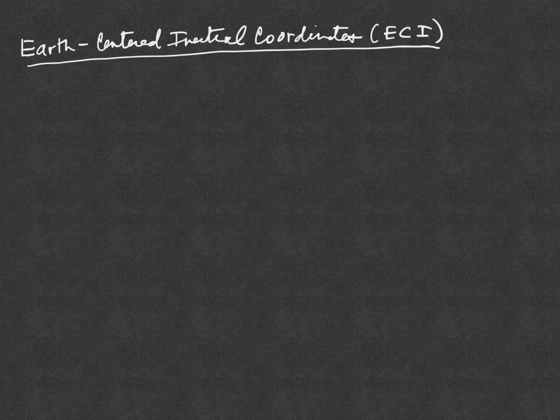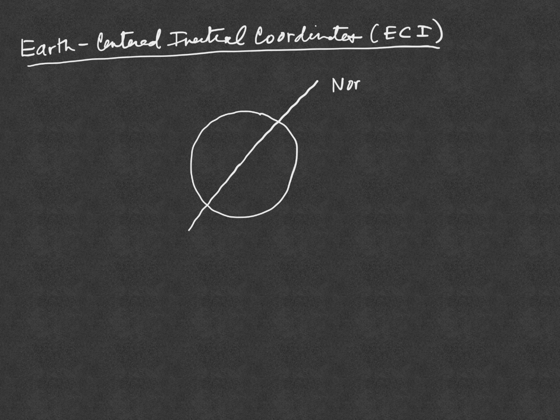Again, the Earth is tipped. Its axis of rotation is not normal to the ecliptic plane. So here's the axis of rotation of the Earth. This is the spin axis of the Earth. The top part of this is the north celestial pole.